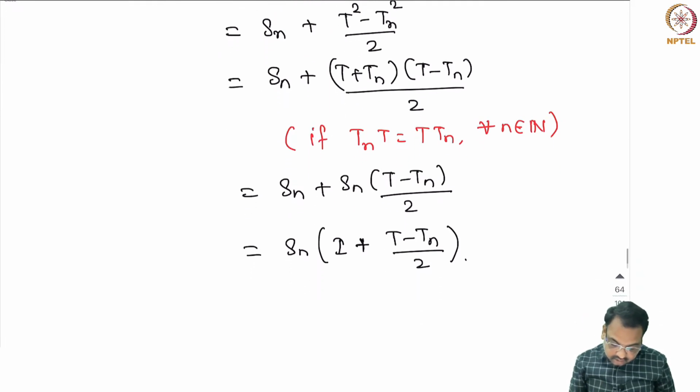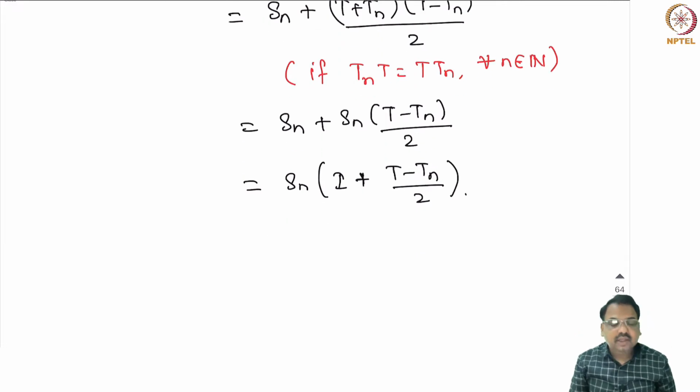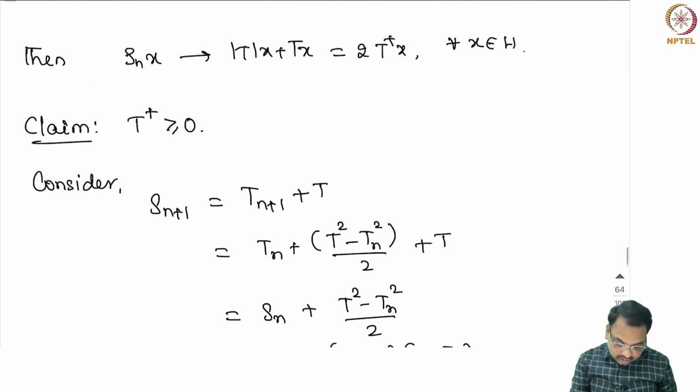For that, we have to use the fact that if Sn and this operator are both commuting, and if we also show that this one is positive, then the product of two commuting positive operators is positive. From that we can conclude the result. So that is the idea of the proof.